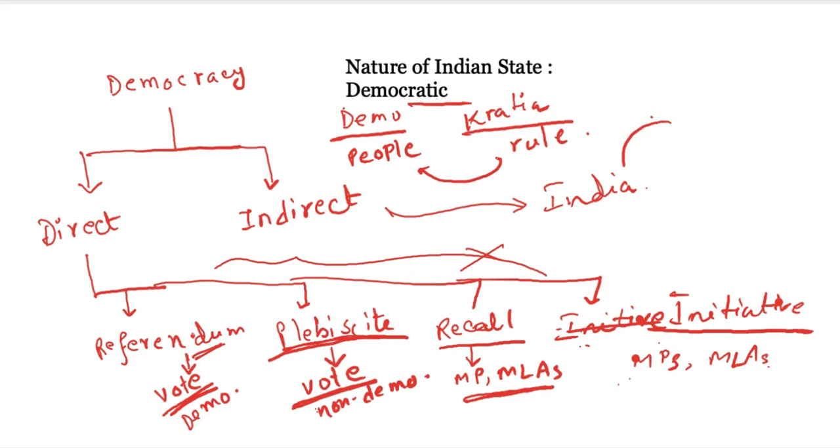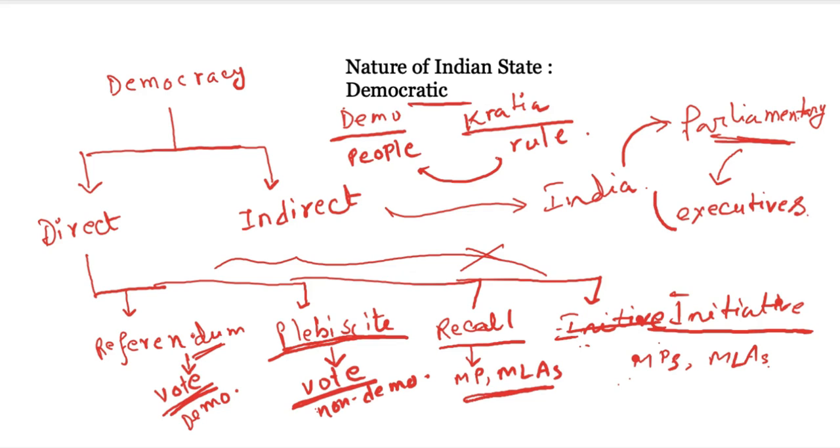India is a parliamentary democracy, where we choose our representatives and they choose executives. The representatives among themselves choose the executives, that means the ministers. The executives are responsible to the parliament.